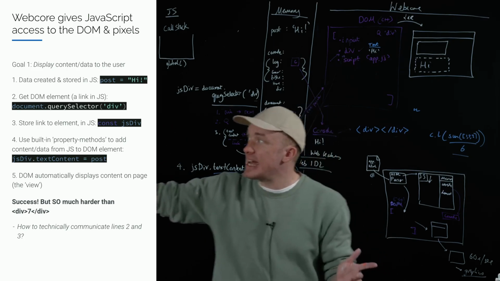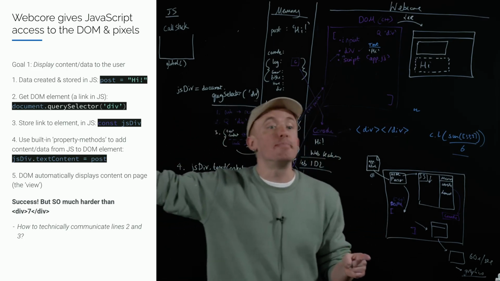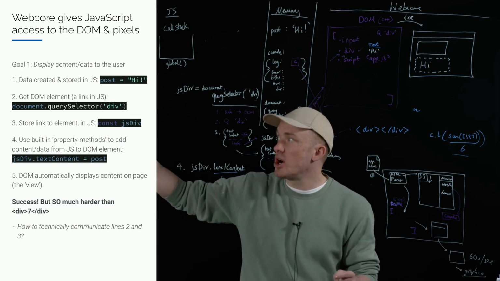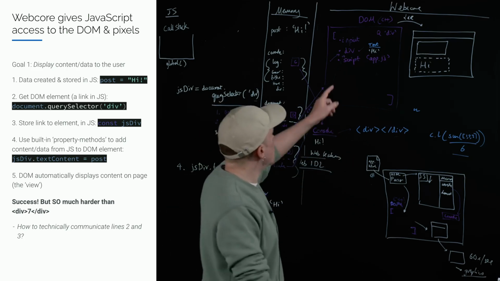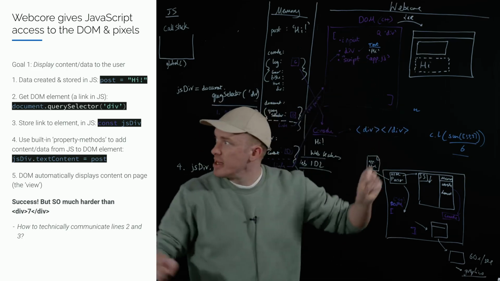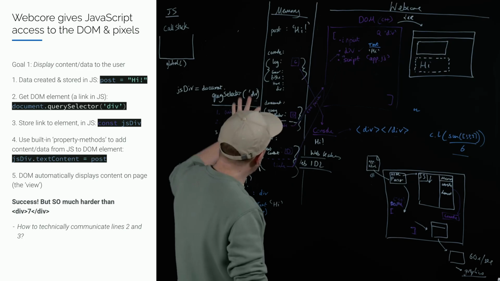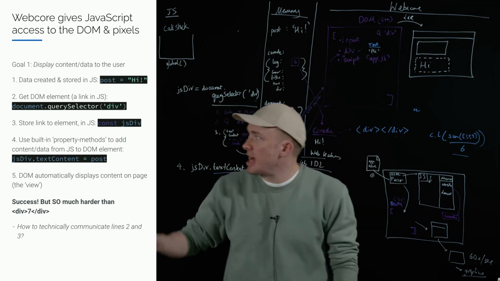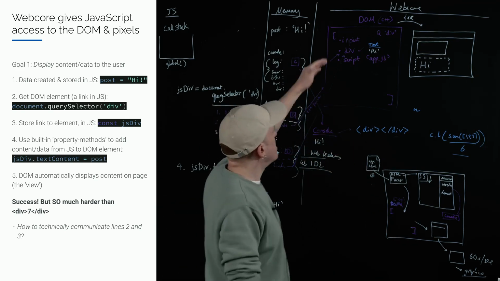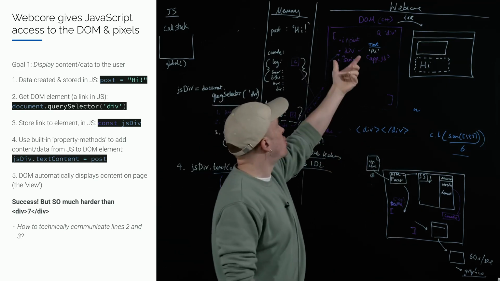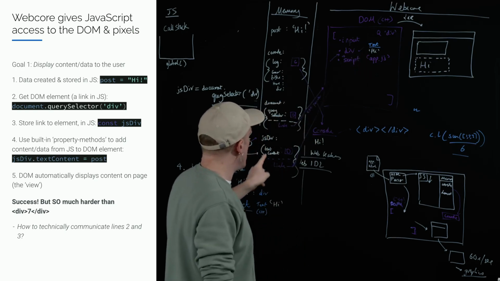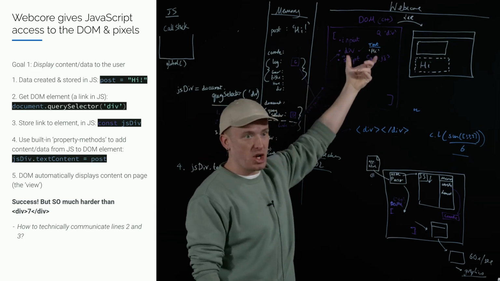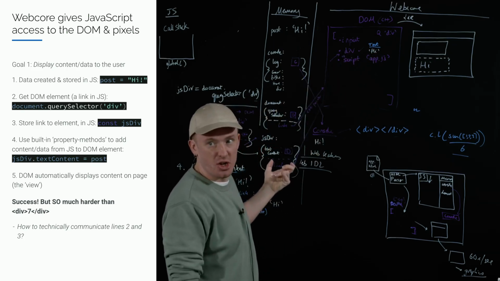But we did get to create and store changeable, mutable data: post is "hi". Then we got a link to the actual DOM element, the div, using the object document that itself has a link to the whole list of elements, where we ran the querySelector method that allowed us to search this list of elements. We retrieve not the actual element back into JavaScript, into jsDiv, because we can't copy a C++ object into JavaScript. Not possible.